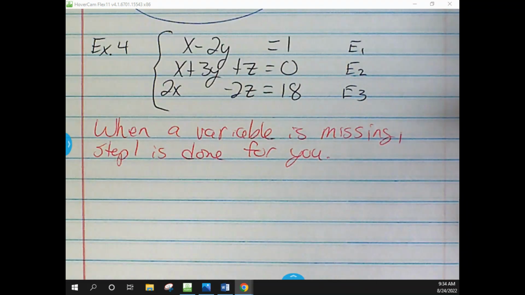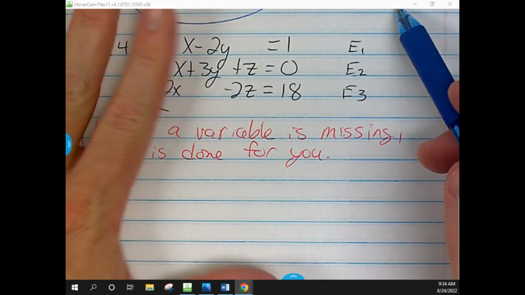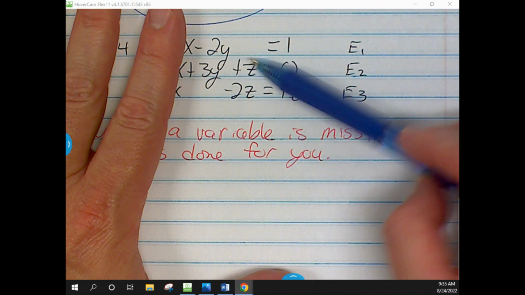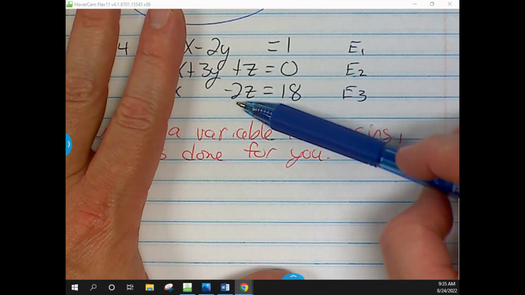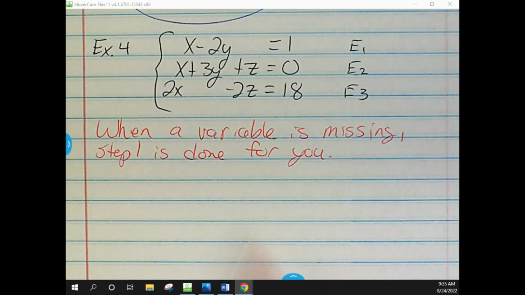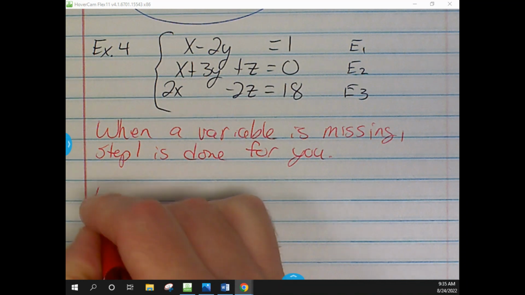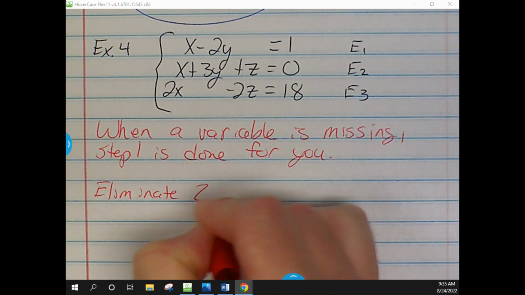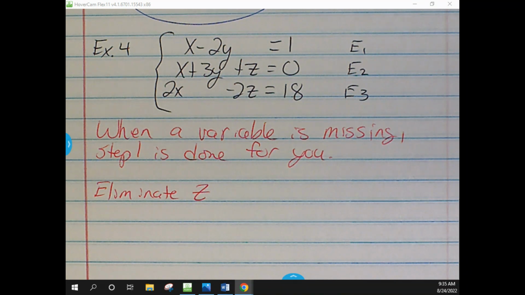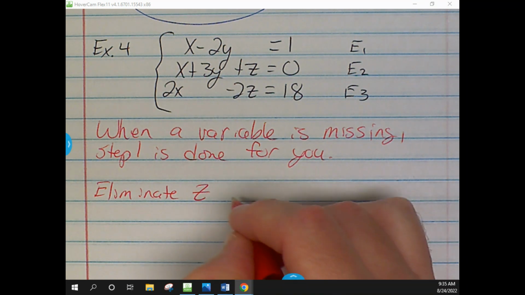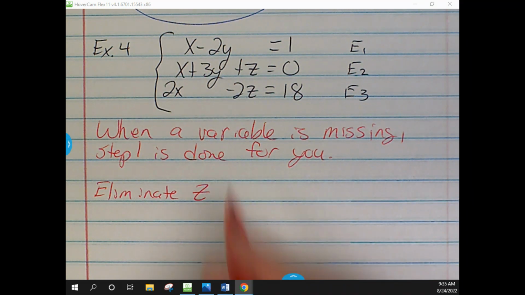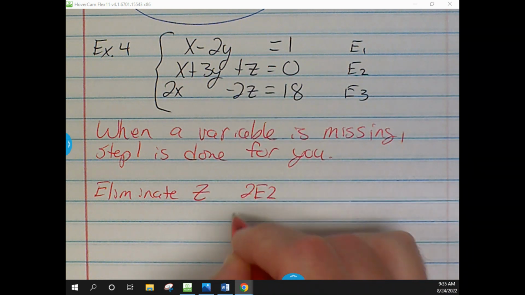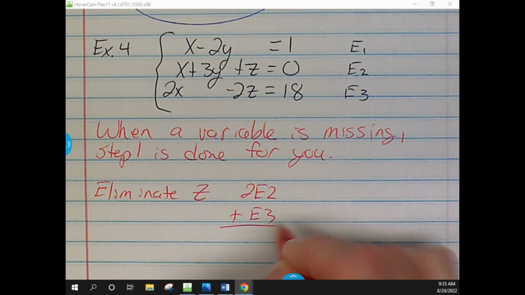As far as the numbers go and how they match up, because all the x's are here, so just forget those for a minute. I think z is going to be easier because this one we can just multiply it by 2, so we've got 2z and -2z. So let's just eliminate z. And for that one, we're going to do 2 times equation 2, and then add that to equation 3.